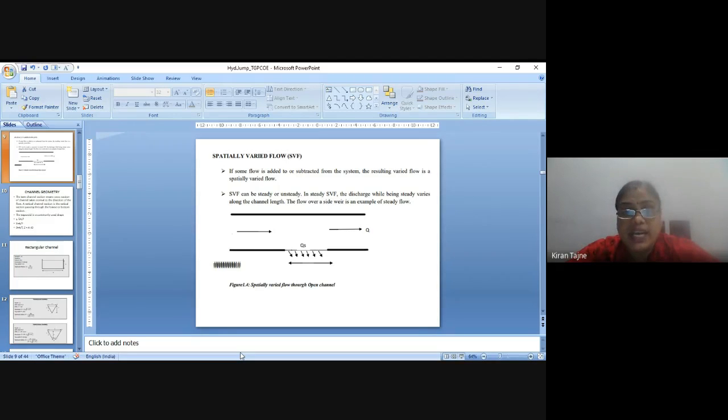It can be steady or unsteady. In steady spatially varied flow, the discharge, while being steady, varies along the channel length, and the flow over a side weir is an example of it. So this shows the spatially varied flow.